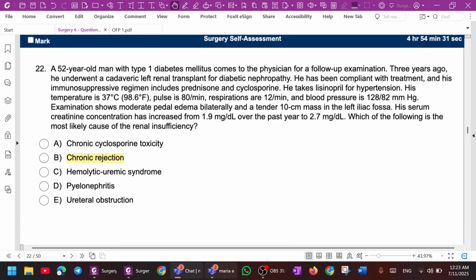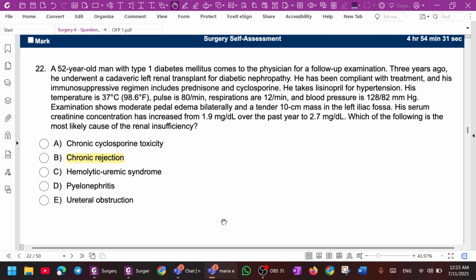Let's see. Yes, you can add the options also. Then it will summarize everything. Oh, it says my image is incomplete.